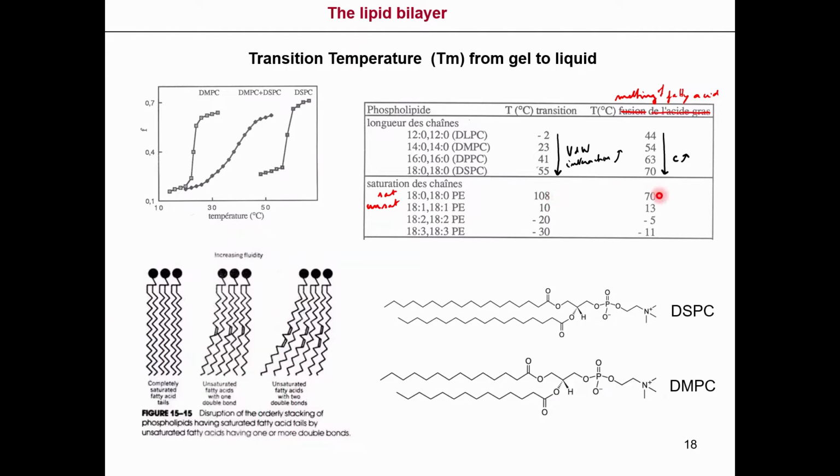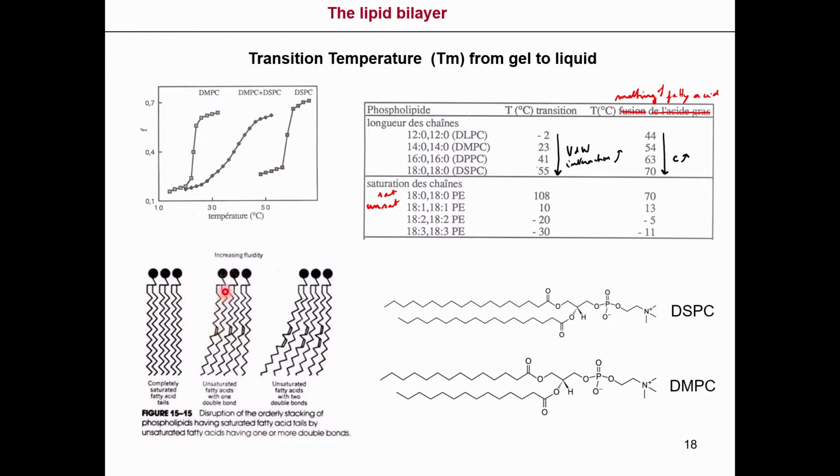When you have a double bond, you decrease the van der Waals interactions. Remember, when you have a completely saturated fatty acid tail, you can stack the rods very easily.